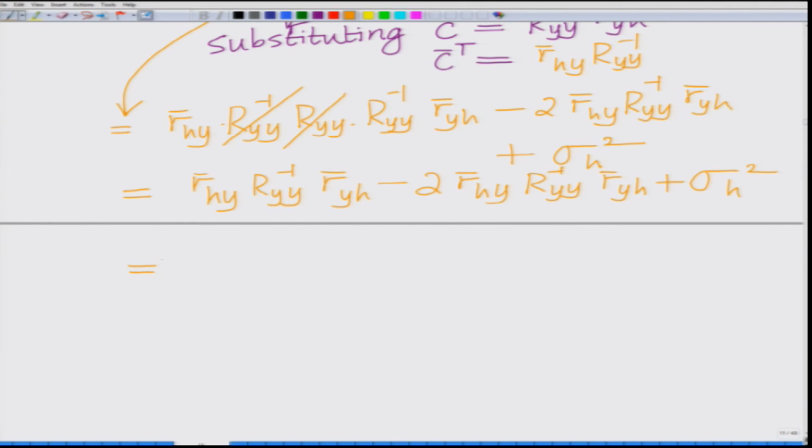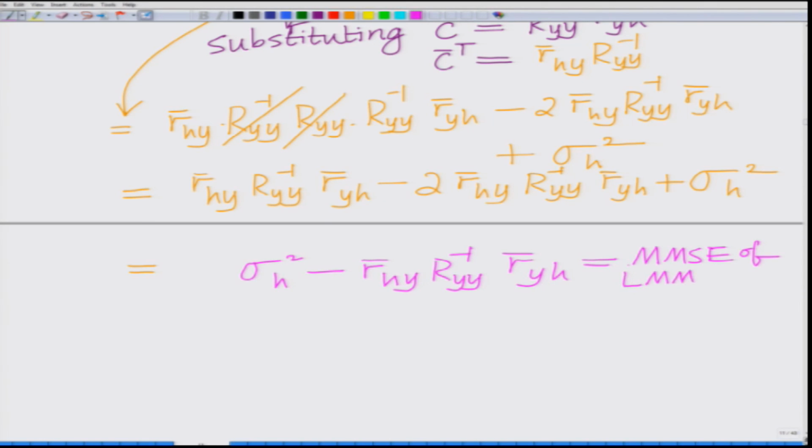Therefore, finally, this gives sigma h square minus R bar HY RYY inverse R bar YH, and this is equal to the MMSE, the minimum mean squared error of the LMMSE estimator.